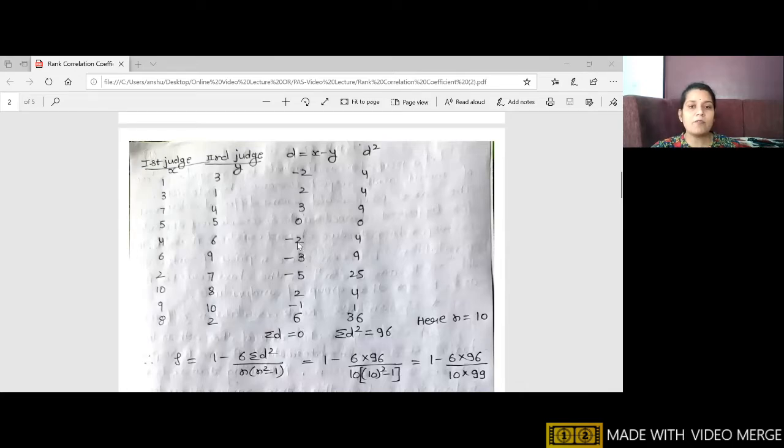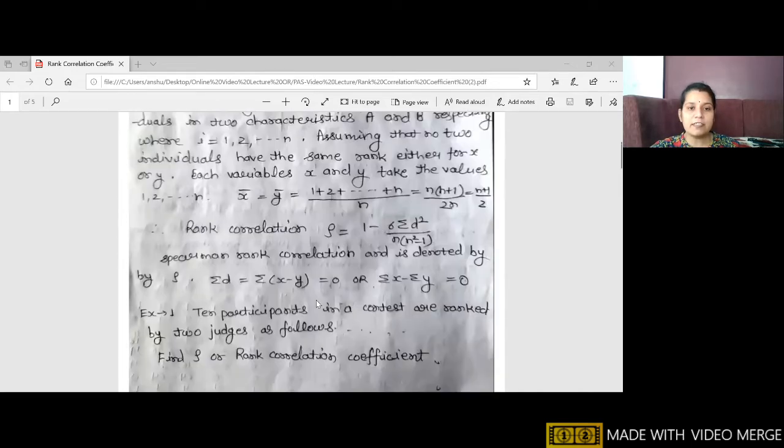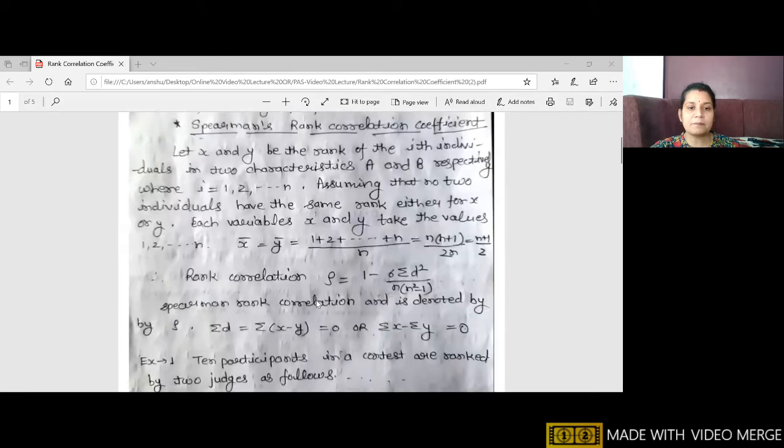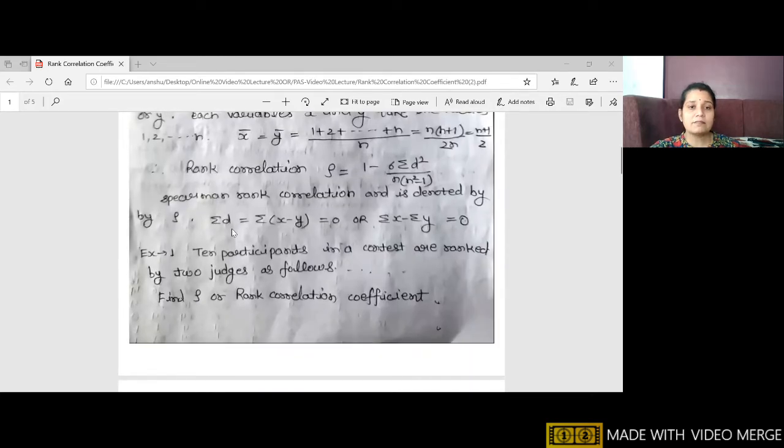Here the sum of all these values, we get summation d is equal to 0, as we have already seen in our previous discussion.